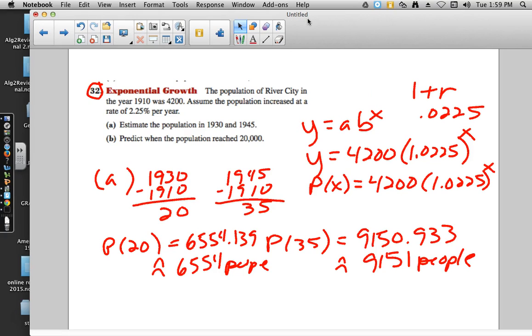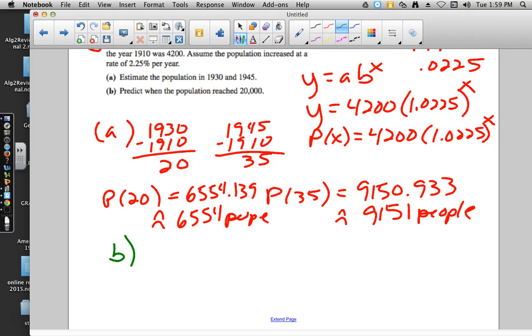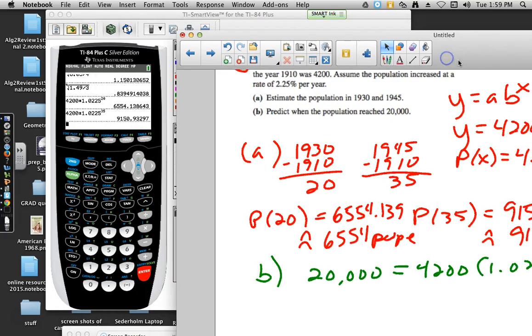Then part B. Part B says, predict when the population reached 20,000. Well, what we're really saying is that we want to know when is 20,000 equal to 4,200 times 1.0225 to the x. And since the book is doing this with the graphing calculator at this point, that is what I'm going to do.